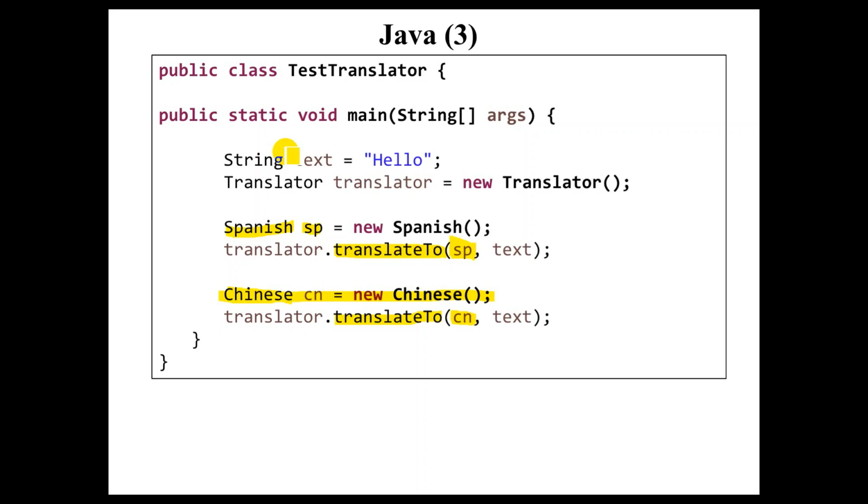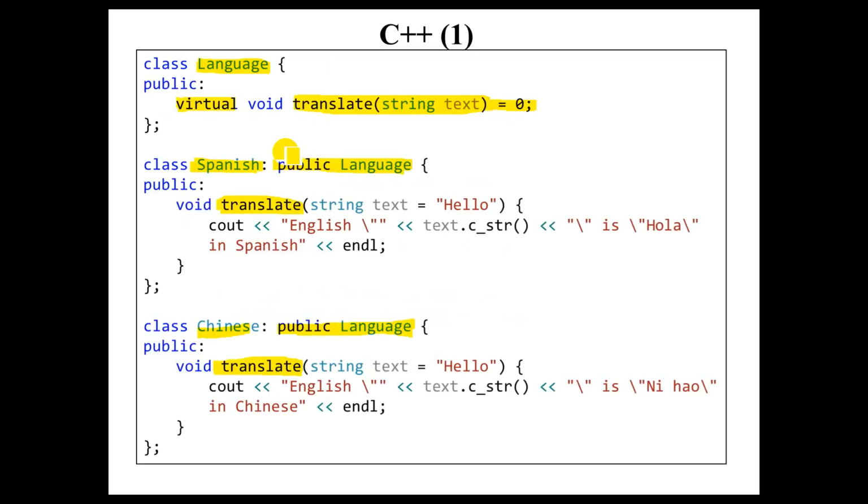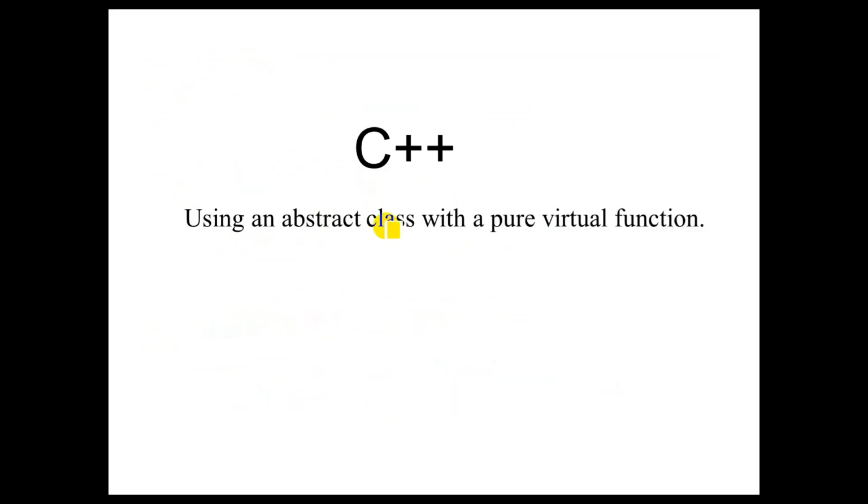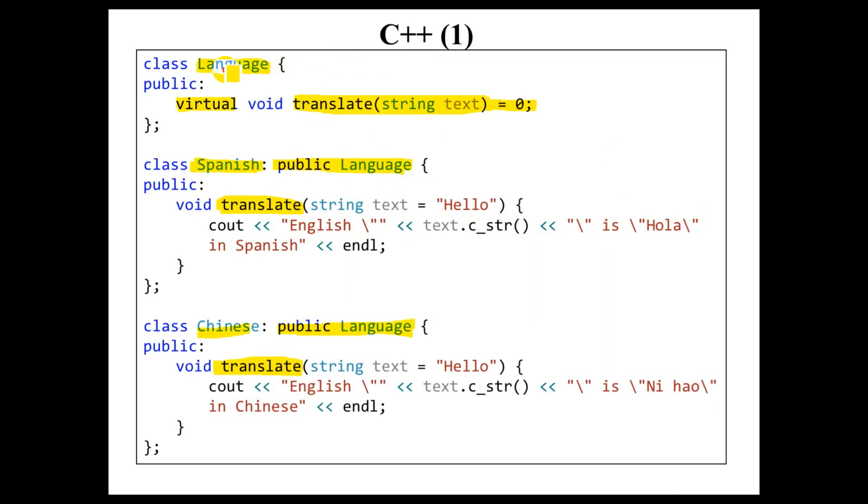Now we can see the implementation in C++. In C++ we are using an abstract class with a pure virtual function. The abstract class, you can see, is language, and the pure virtual function is this one. And as in Java, you can see the implementation of the Spanish class and the Chinese class.